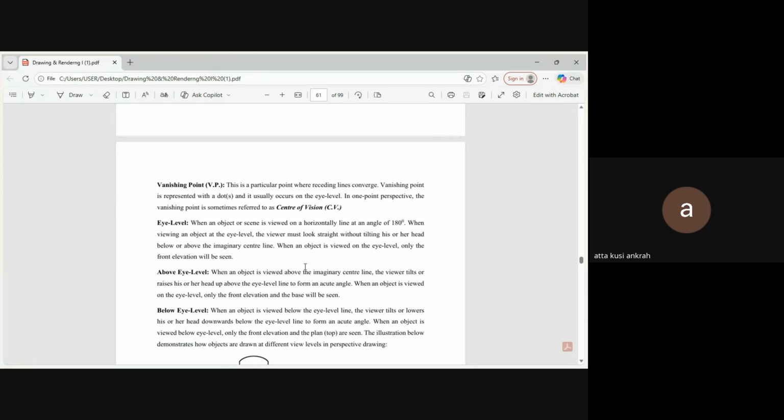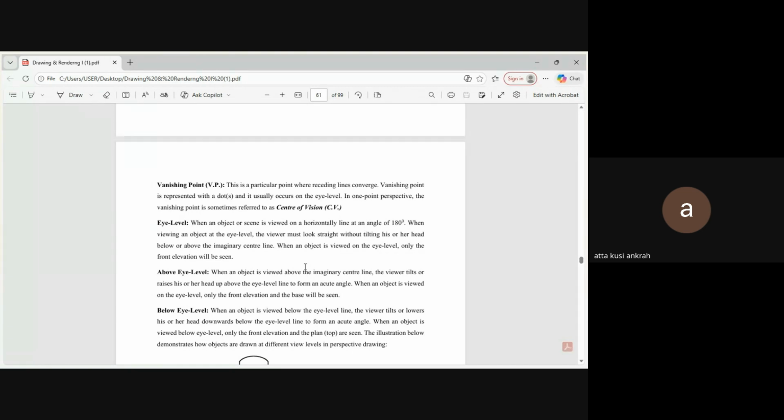If the note is for you, underline it. If the Bible is for you, underline. If the Quran is for you, underline it. Underline that the vanishing point is represented with a dot and it usually occurs on the eye level. Don't forget.